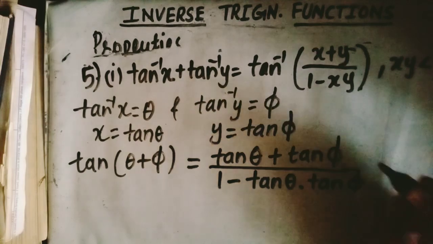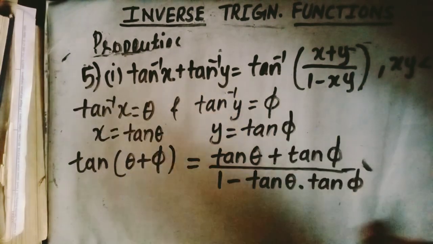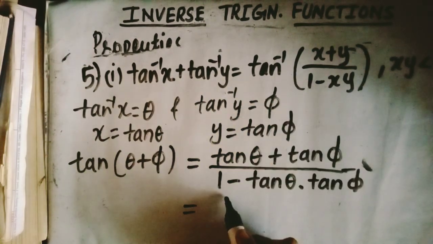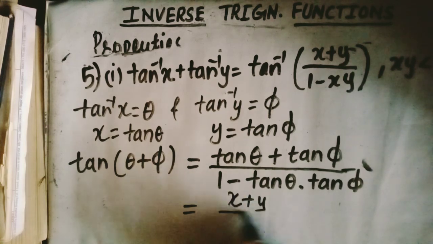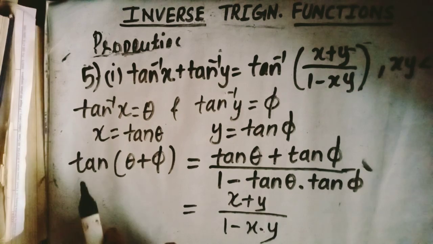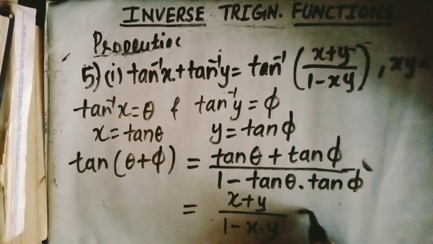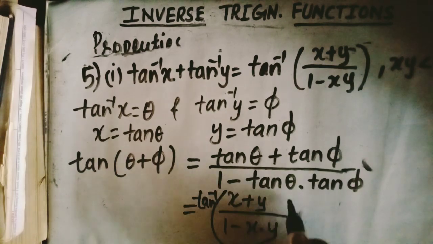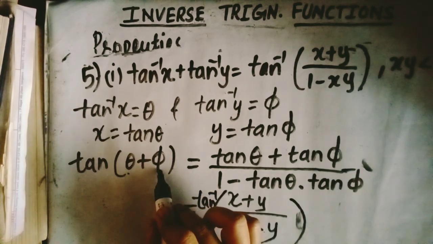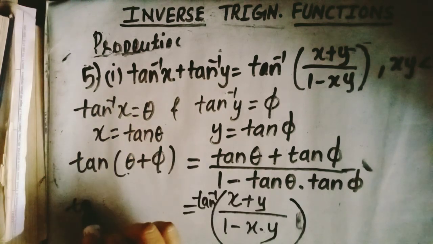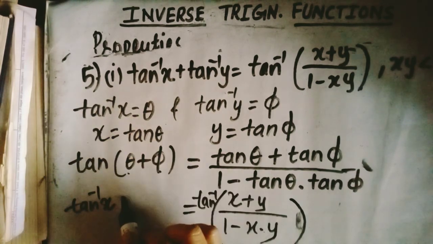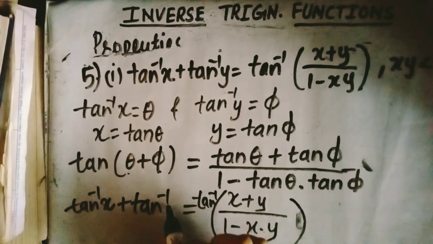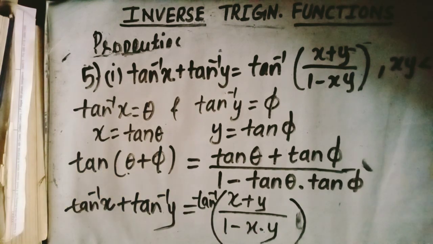Now substitute the values of tan theta and tan phi, so tan of theta plus phi is x plus y upon 1 minus x into y. Now taking tan to this side, you will get tan inverse of this, and theta plus phi is tan inverse of x plus tan inverse of y. Same way you can prove the other two properties.